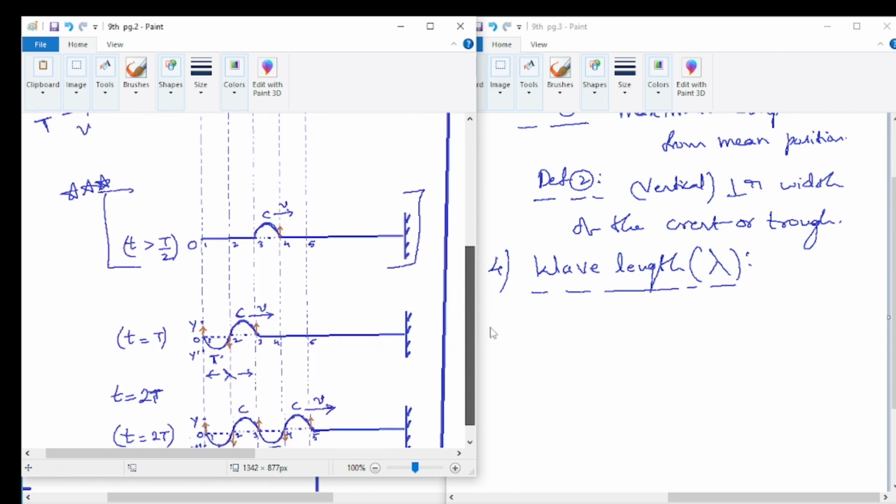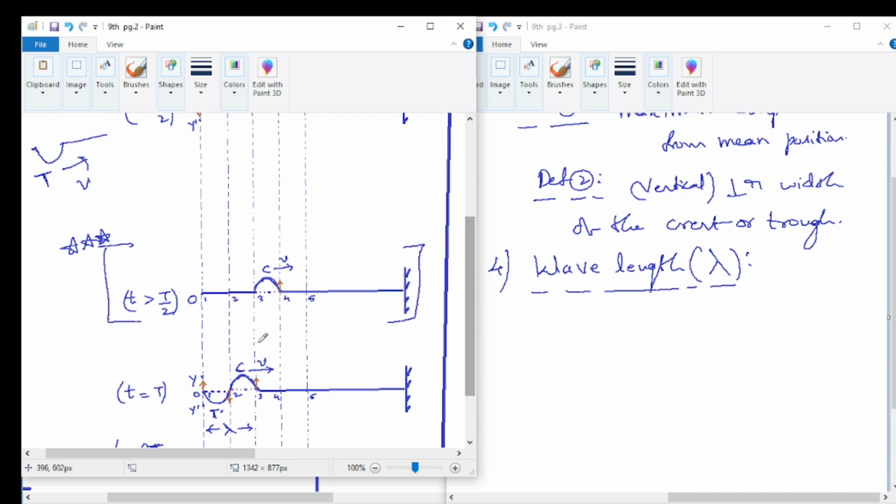That's what we have seen in this diagram. The disturbance has traveled slowly, step by step, starting from the left side. The string got disturbed up to here, and beyond particle 3 no disturbance has yet traveled or formed.